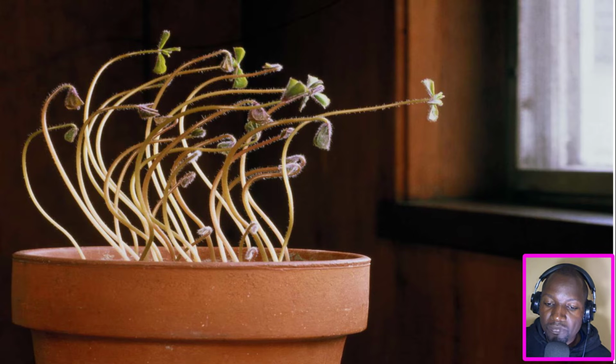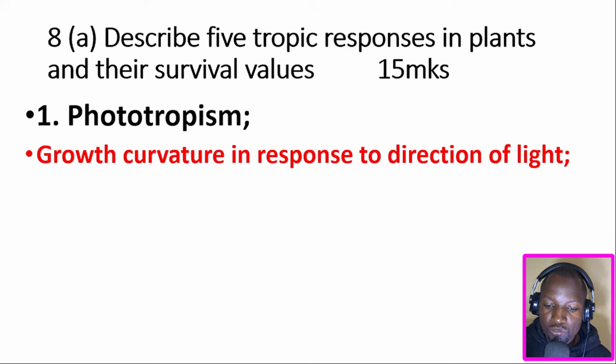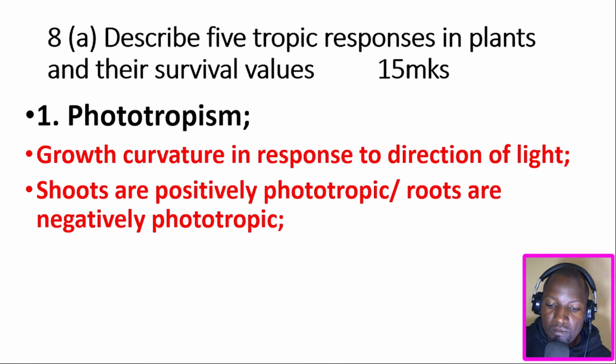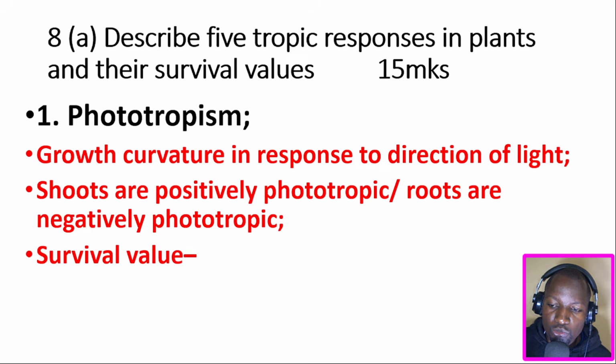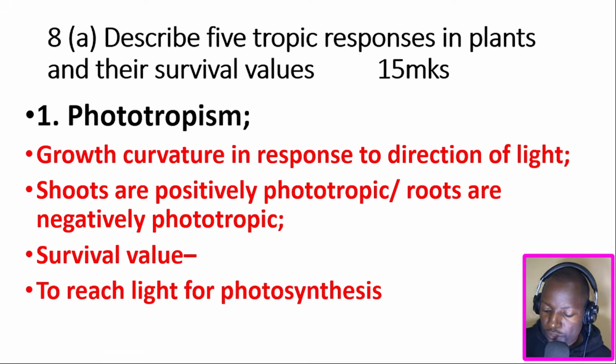That is the shoot. The effects on the shoots and the roots are that shoots are positively phototropic, while roots are negatively phototropic. And what is the survival value for this? The survival value is to reach light for photosynthesis.